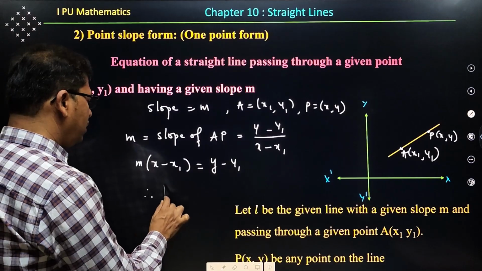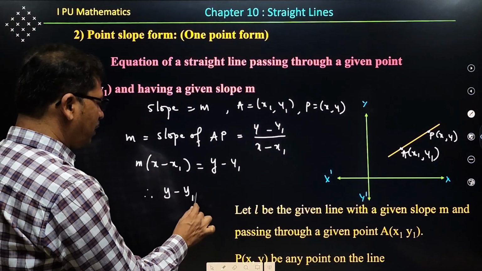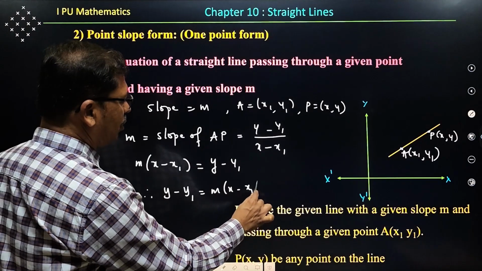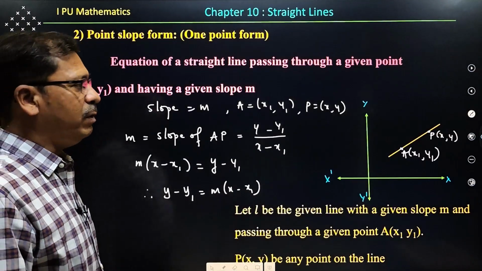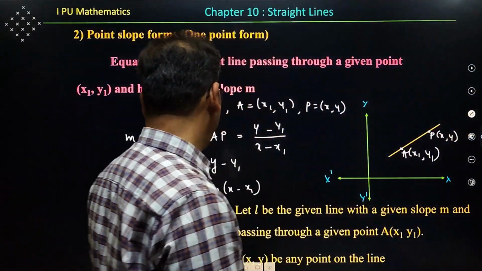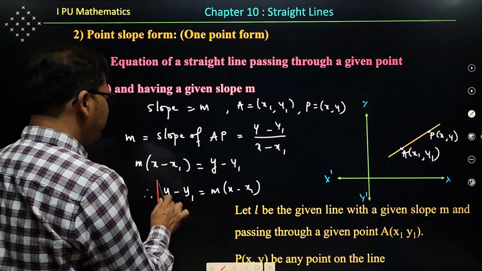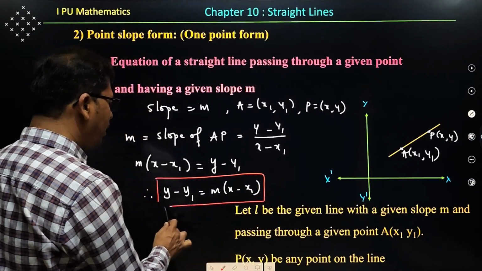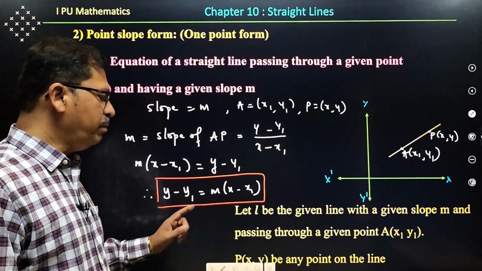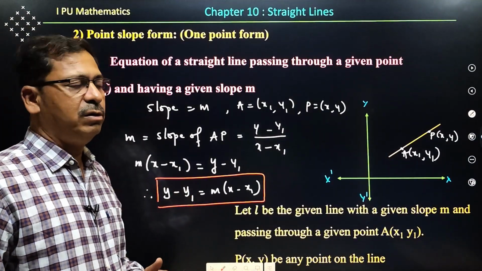Therefore, the formula is y minus y1 is equal to m into bracket x minus x1. This is called the slope point form of the straight line, and you remember this standard form, it is very important. The equation of the straight line having the slope m passing through the point x1, y1.